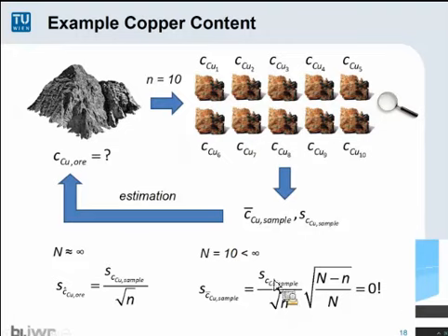And if you're only considering this standard uncertainty that I mentioned before, you would get more or less the same value that you have here. But the difference between these two things is that in the first case, we have a more or less infinite population. So the mountain consists of, let's say, infinitely small samples.